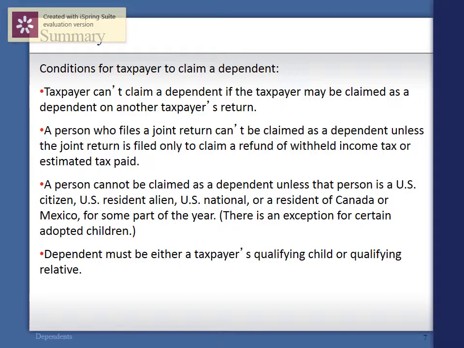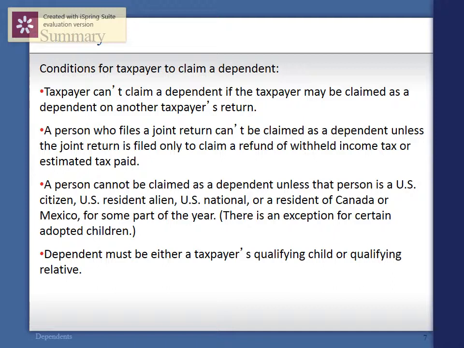If you and your husband decide to file a joint return, it is okay that you file a joint return. Your parents can still claim you as a dependent, but only if the only reason you filed the joint return was to claim a refund of taxes withheld. If in a particular case you actually owe the taxes, then the parent would not be able to claim you under that scenario.